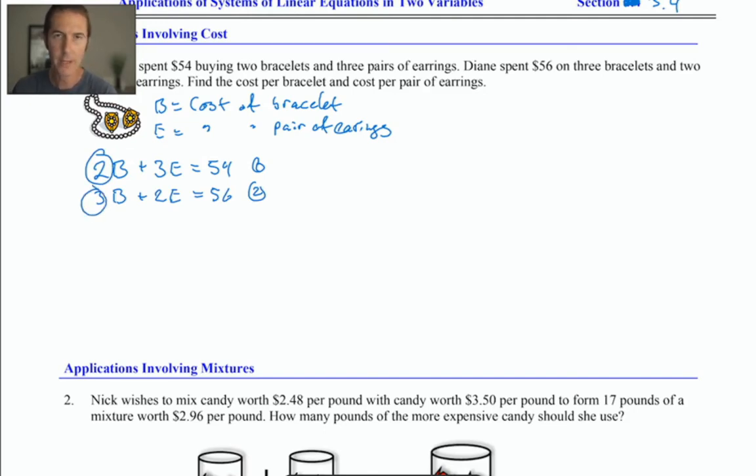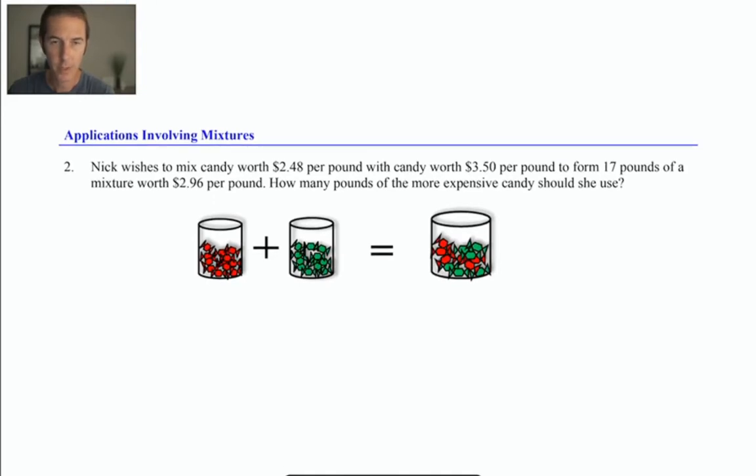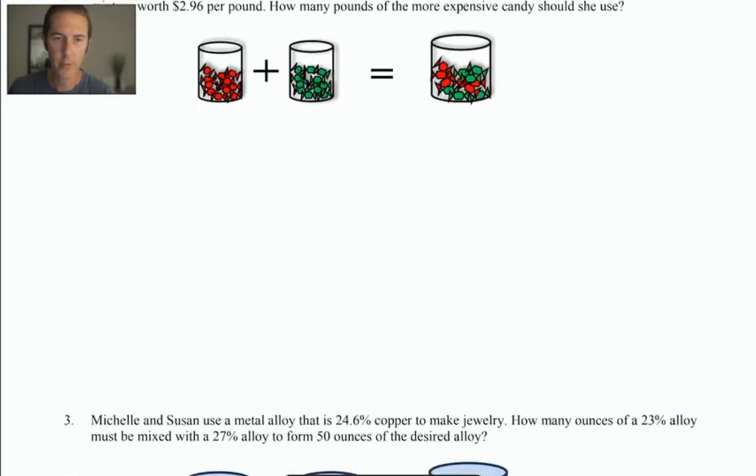And then you can add your 2 equations together and eliminate your B term. Solve for E and then substitute back into either one of those equations in order to solve for B. So that technique you can get from watching either of the 2 previous videos. The previous video, 3.3, covered solving systems using elimination or addition, which is the technique I was just describing.